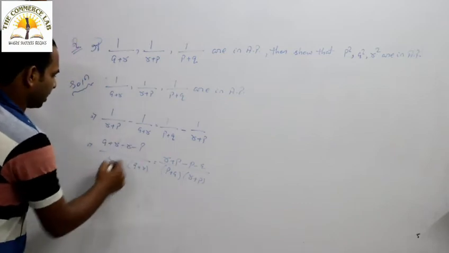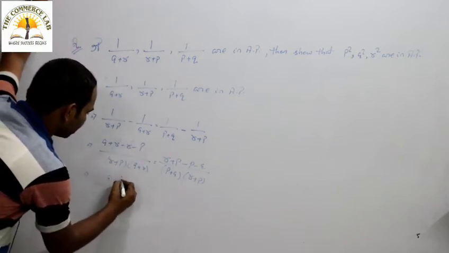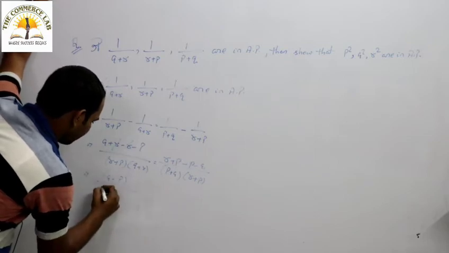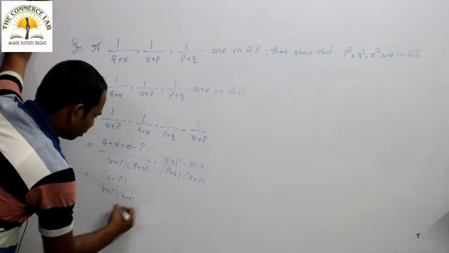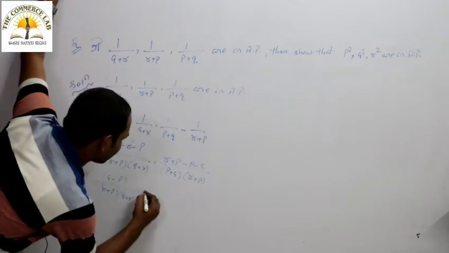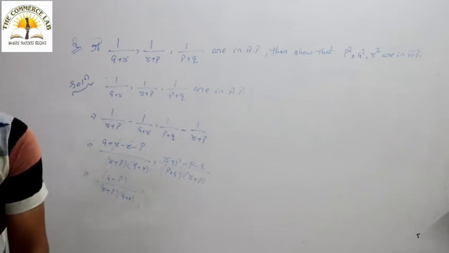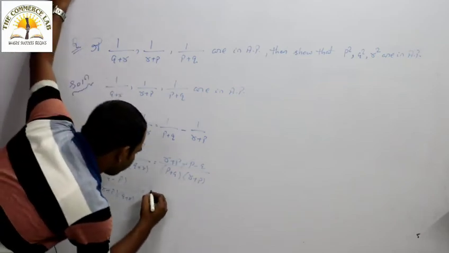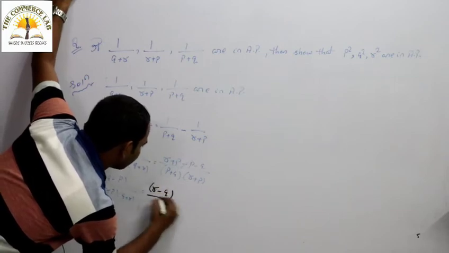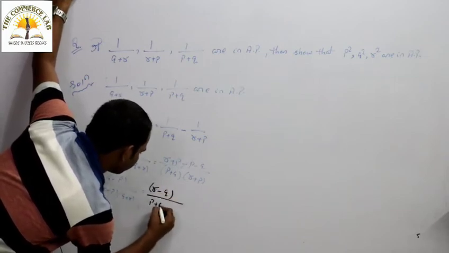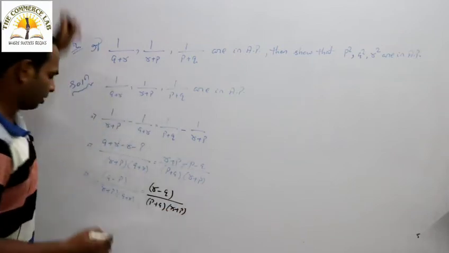So plus r minus r cancel. This implies (q minus p) by (r plus p) (q plus r) is equal to plus p minus p cancel, (r minus q) by (p plus q) (r plus p).